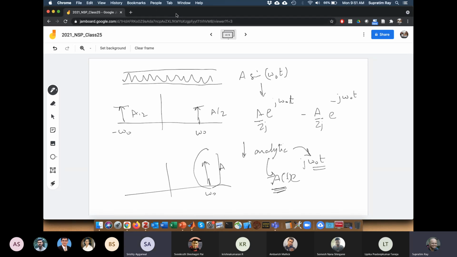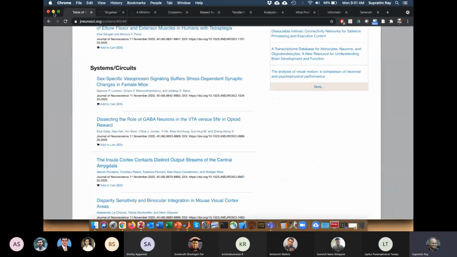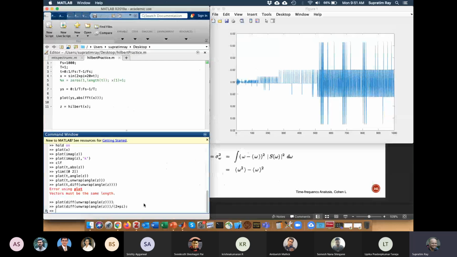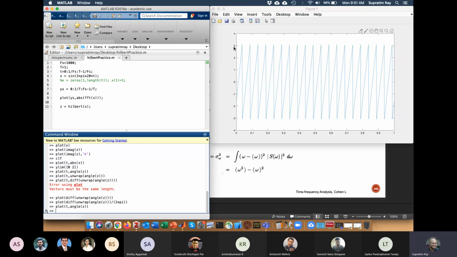What does unwrap do actually? Oh, unwrap is just a function that, if I don't unwrap it, it will give you values between minus pi and pi. And if you unwrap it, then it will just keep increasing on top of pi. So it doesn't bring it back between minus pi and pi. It doesn't matter, right?